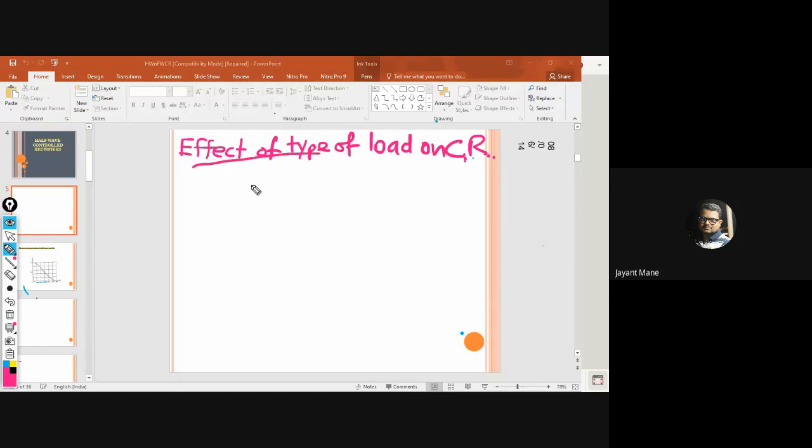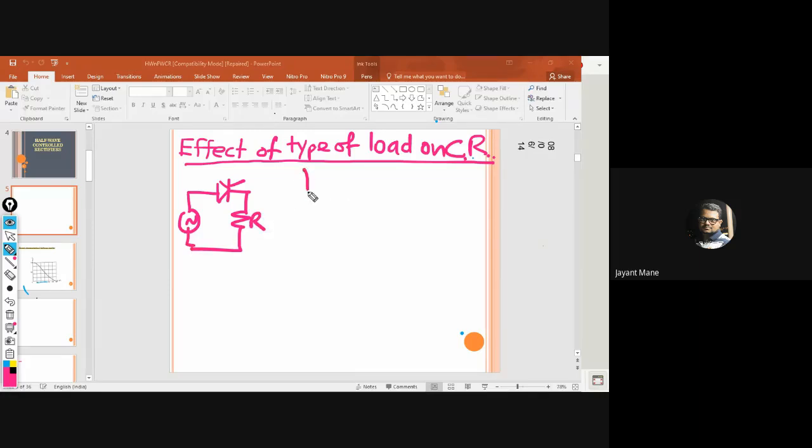Effect of type of load on controlled rectifier. So just consider this simple circuit now. It is R load.